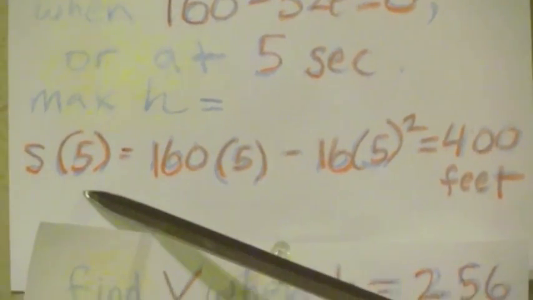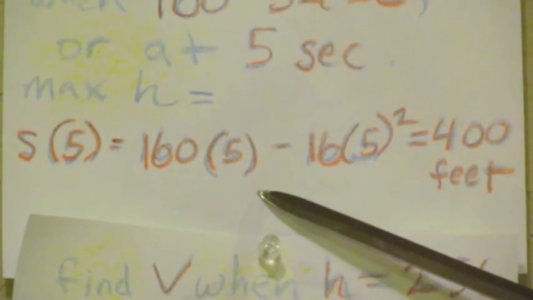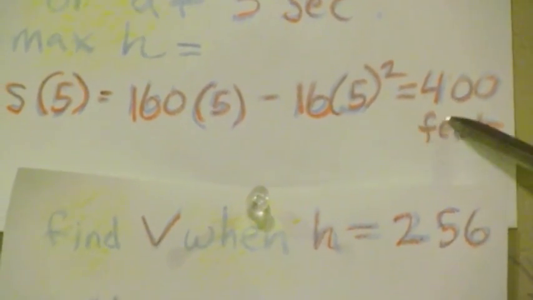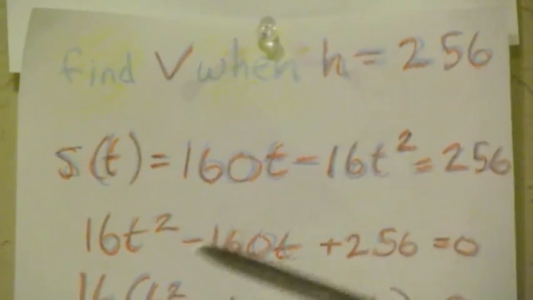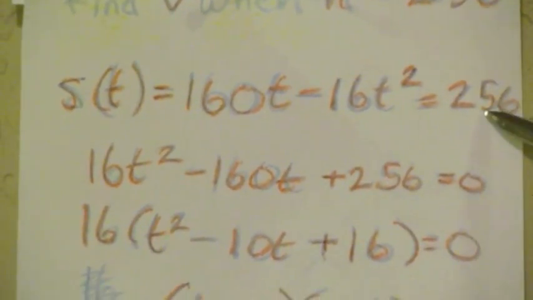So the max height is s of 5 equals 160 times 5 minus 16 times 5 squared, which all adds up to be 400. Now find velocity when height equals 256. s of t equals 160t minus 16t squared equals 256.